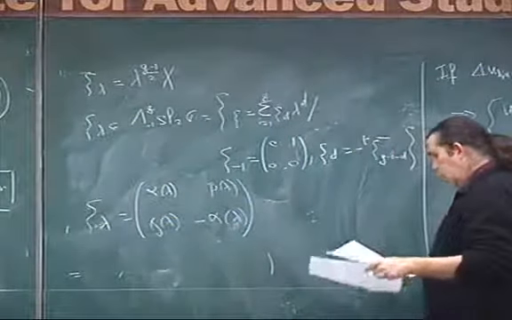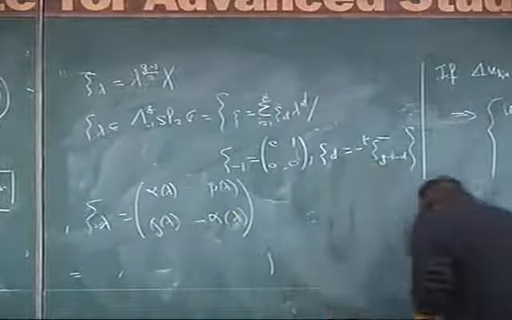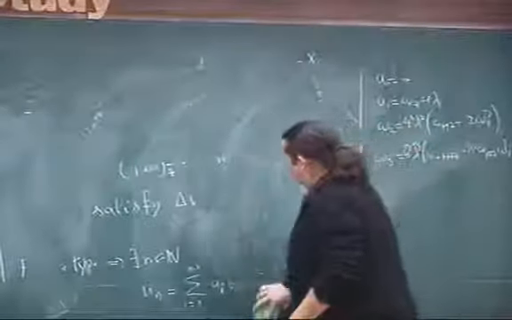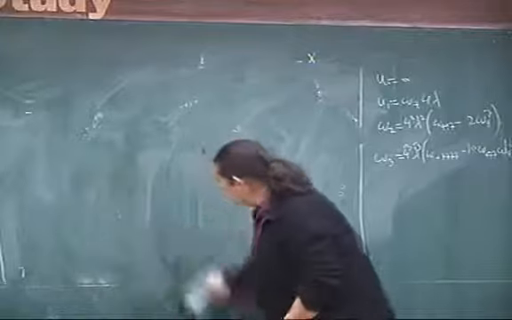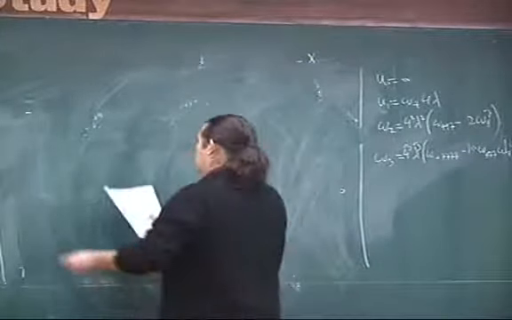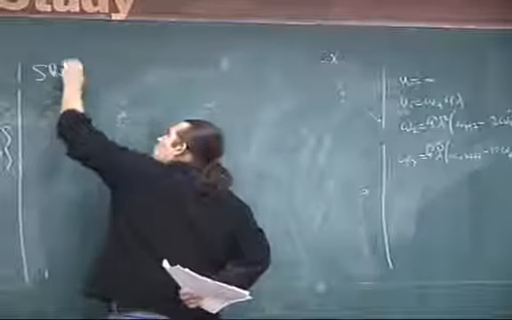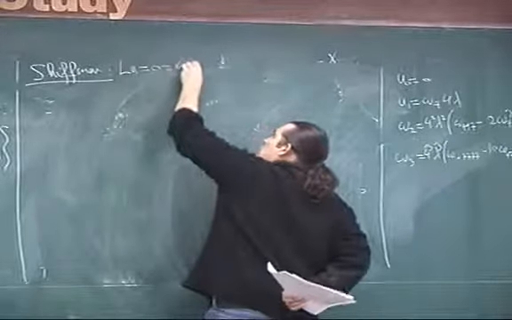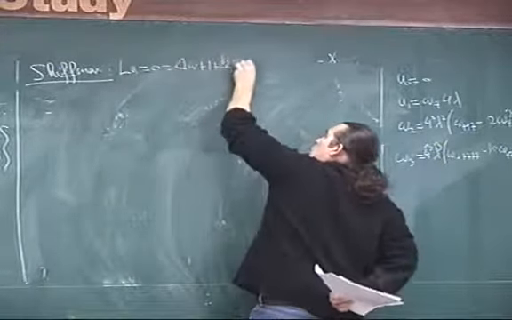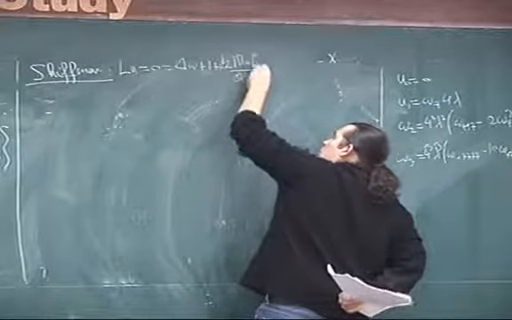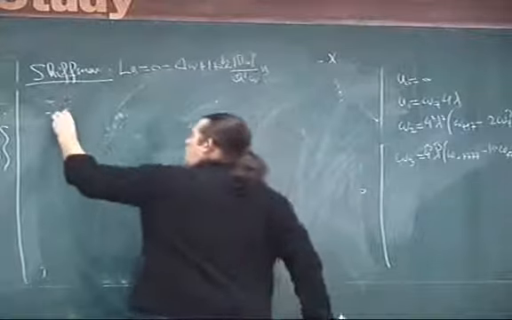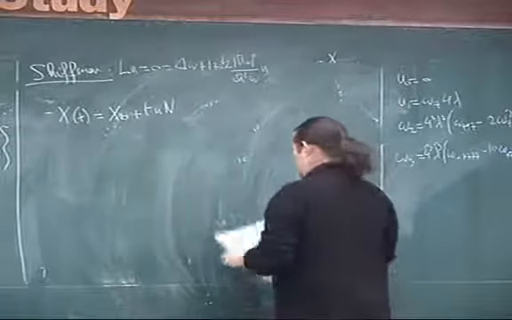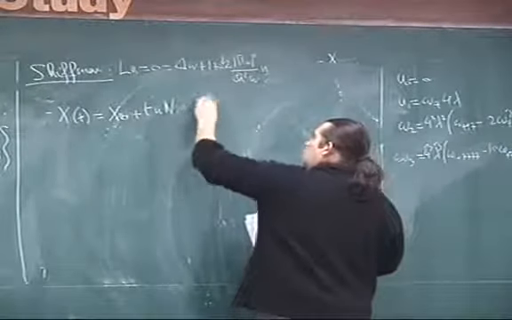Well, and what about Schiffman? What about Schiffman? I recall that Schiffman is a solution of, and then I have xt is x0 plus tu n normal plus tau t square.